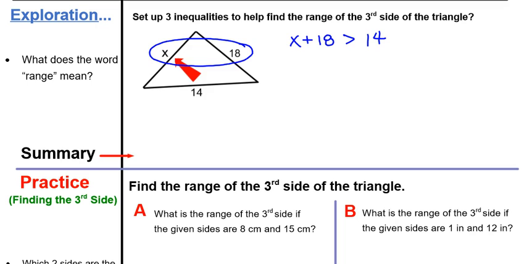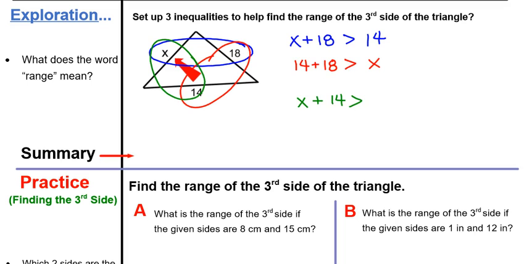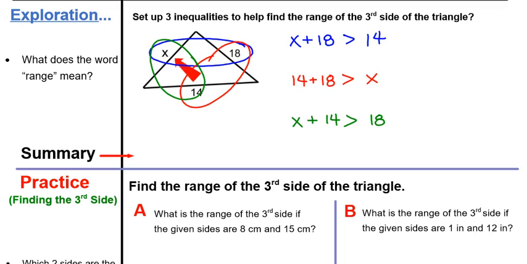And then we set up 14 and 18 and assume that that is greater than x. And then we set up the third one, x plus 14, and hope that that is greater than 18. We need to figure out each of these inequalities, which one will give us the solution.